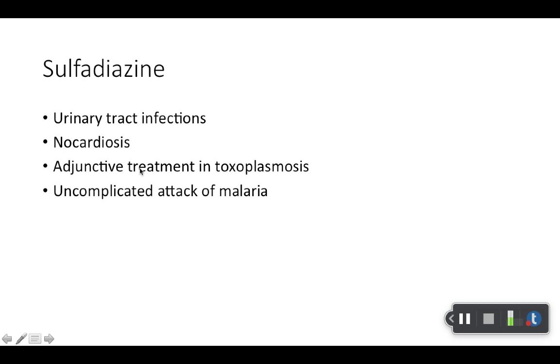This one can also be used for uncomplicated malaria, so you may see that. Definitely read through these, but it could also be used for acute otitis media. It can be used as an adjunct for meningitis. And as far as prophylactic use, it can sometimes be prescribed prophylactically for rheumatic fever.